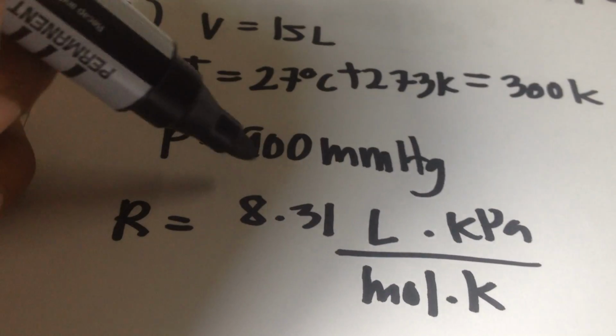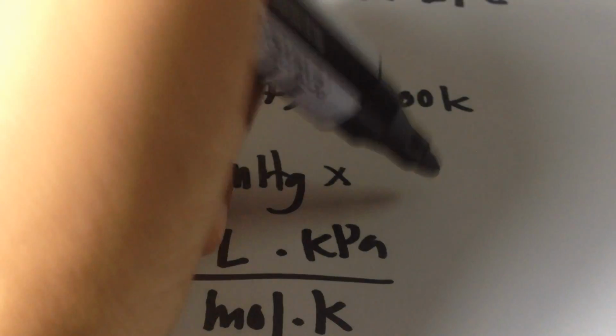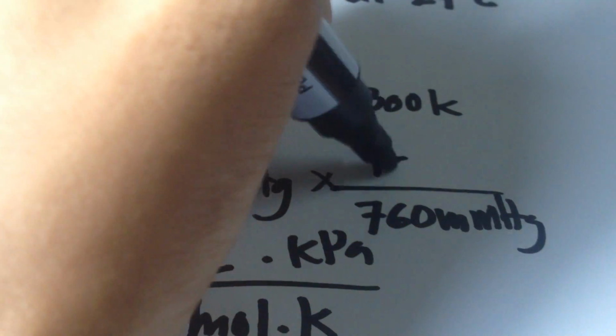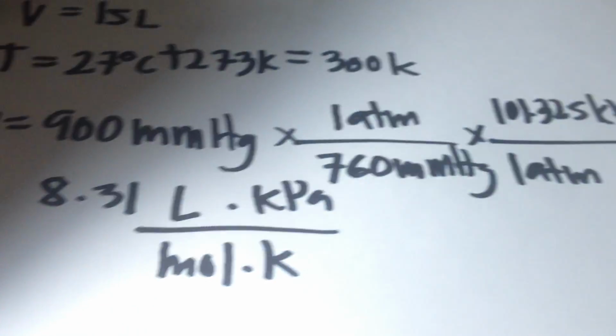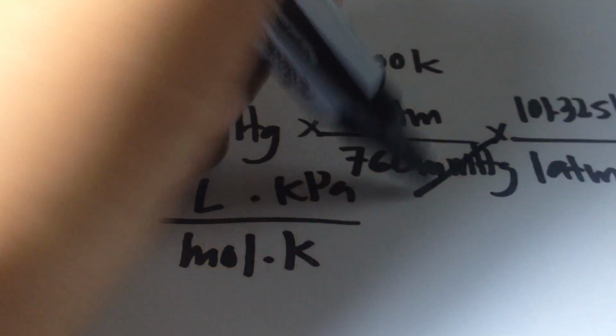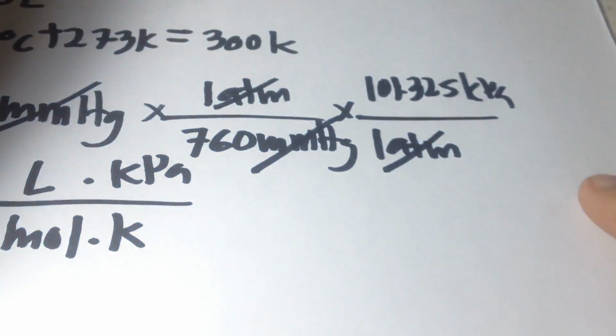So we need to convert pressure here into kilopascal again, divided by 760 millimeters mercury times 1 atm, divided by 1 atm times 101.325 kilopascal. So you need to cancel the millimeters mercury and atm, and the left is kilopascal.